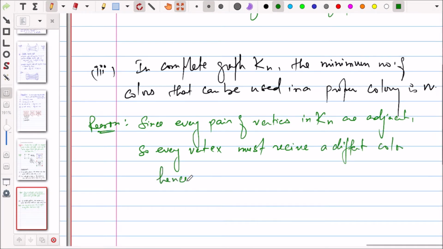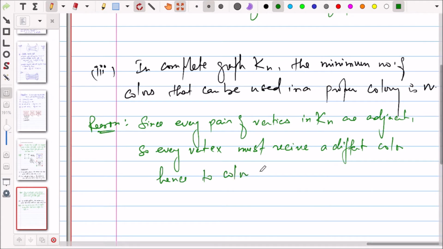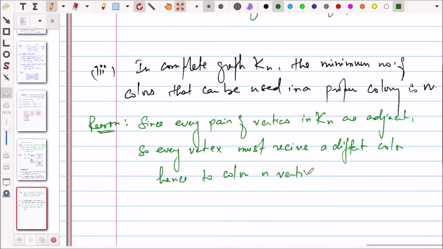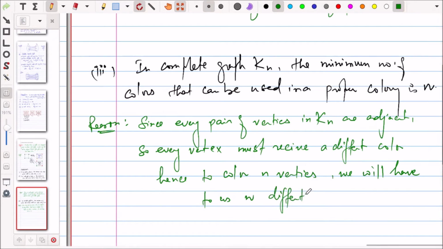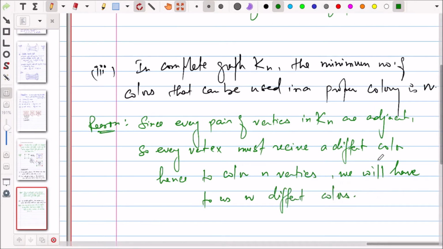Hence, to color n vertices, we will have to use n different colors. Fine.